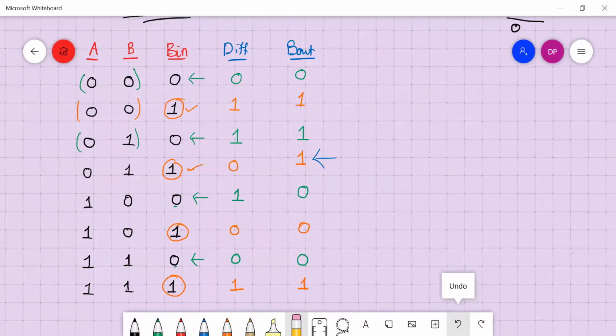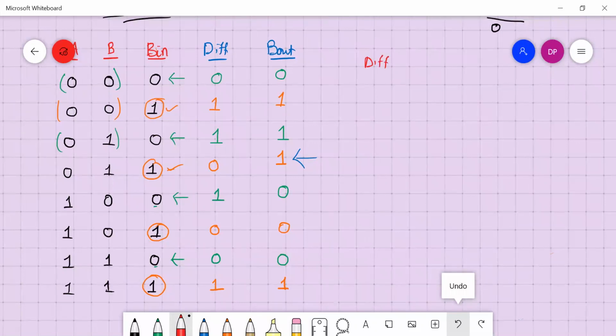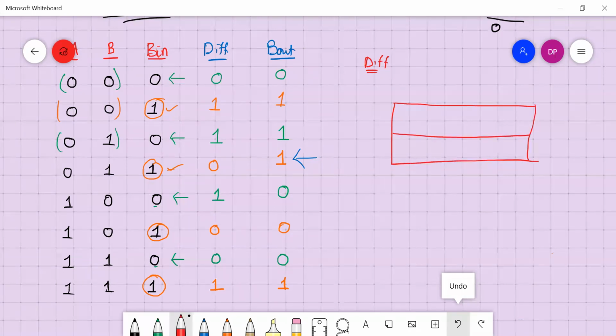Right. So let's do the truth table for this. I would like to give an expression to this difference term. So it is a 3 variable problem, right? So let's make this truth table for this 3 variable problem. So 8 cells we will have.